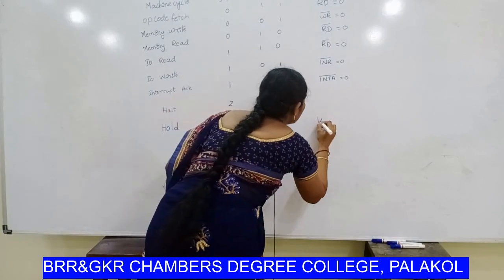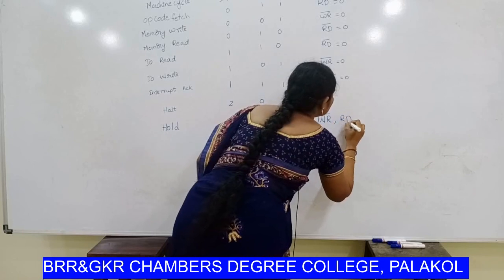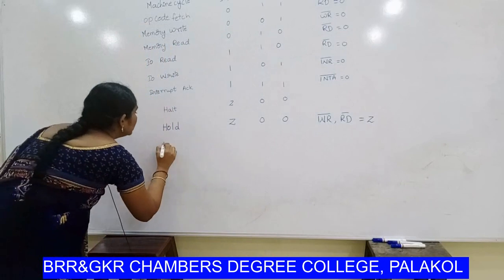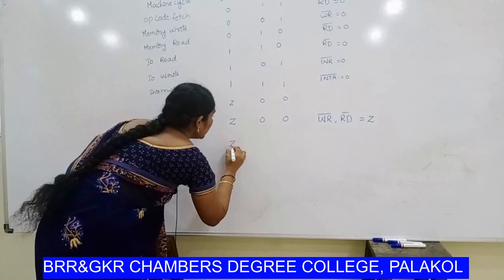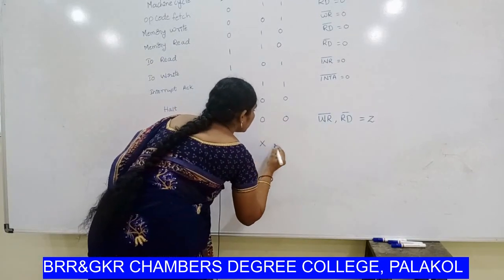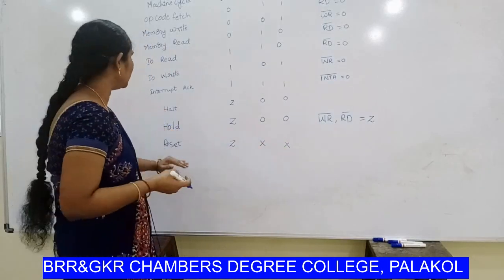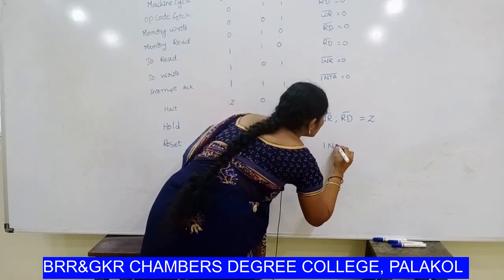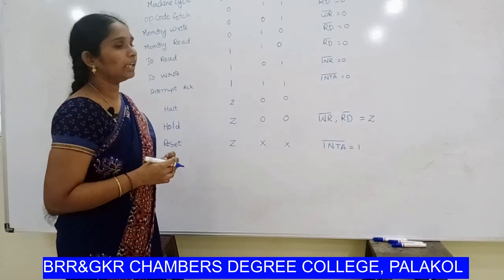So here the read and write are also high impedance. And next after that reset. Reset is also in the high impedance mode. So that means it is don't care, either 0 or 1, whatever the signal may be. So that means it is Z. Therefore INTA bar is equal to 1. Okay, so thank you.